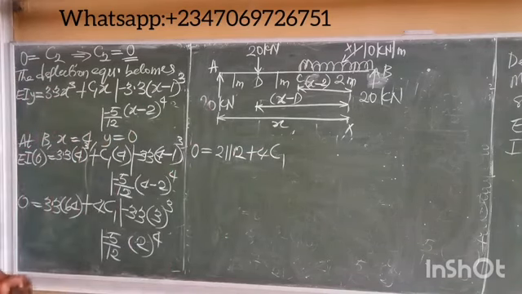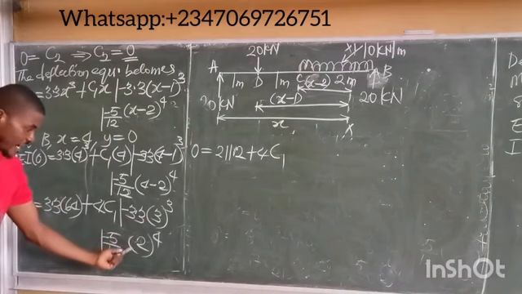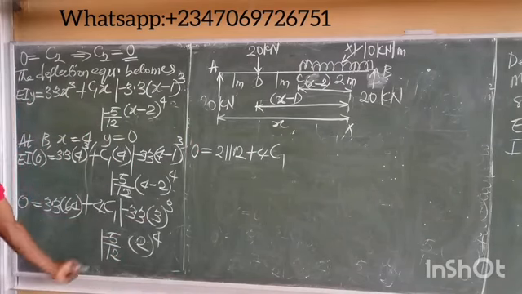All right, so if we look at the Macaulay's bracket now, the values inside are greater than 0, so we can simply take it off.